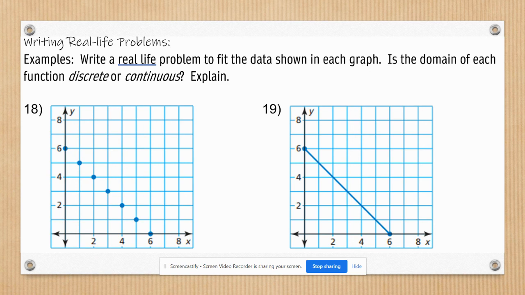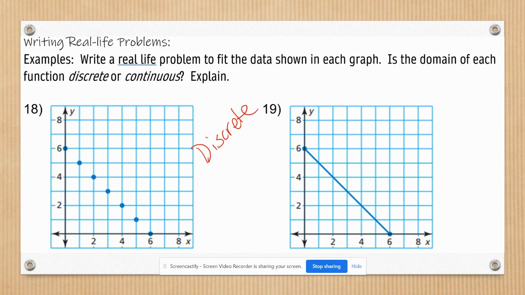All right, writing real life problems. And is the domain discrete or continuous? Well, in number 18, because we're only graphing dots and there's no line connecting the dots, this one would be discrete.